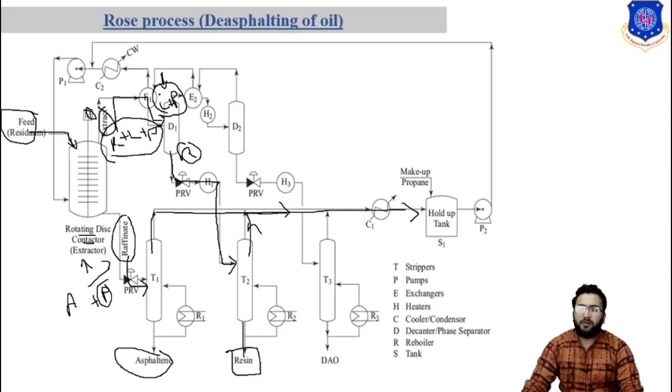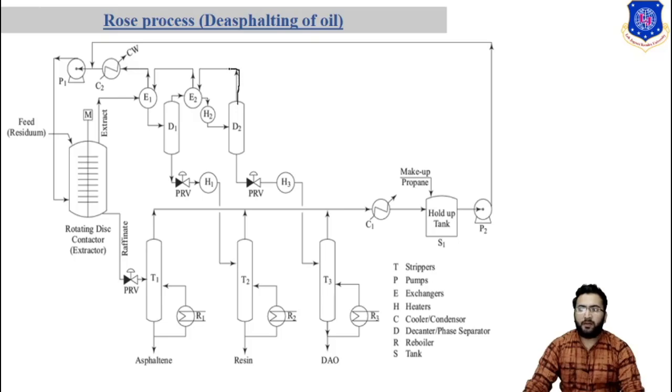Then the lube oil plus propane goes to heat exchanger E2 and a heater, where the propane is converted to its supercritical state, and goes to the decanter where we get two phases. In phase 1 we get the propane and in the second phase we get the lube oil, or deasphalted oil, known as DAO.